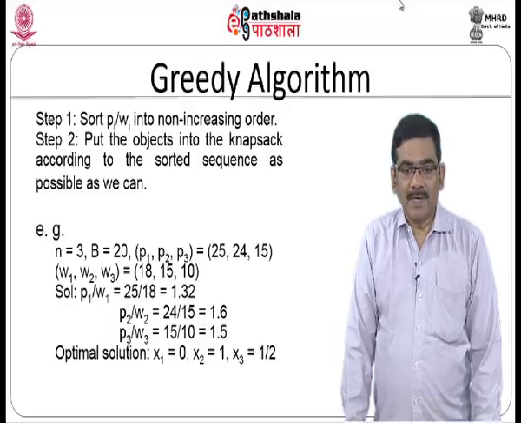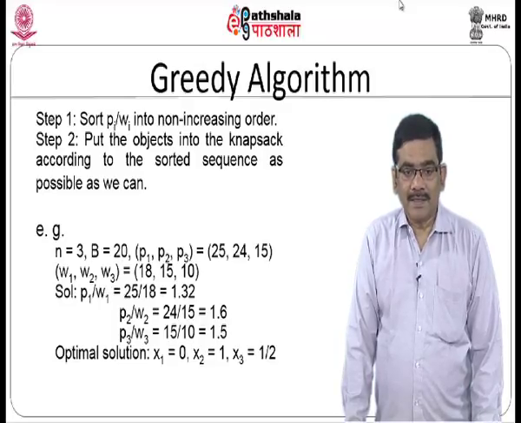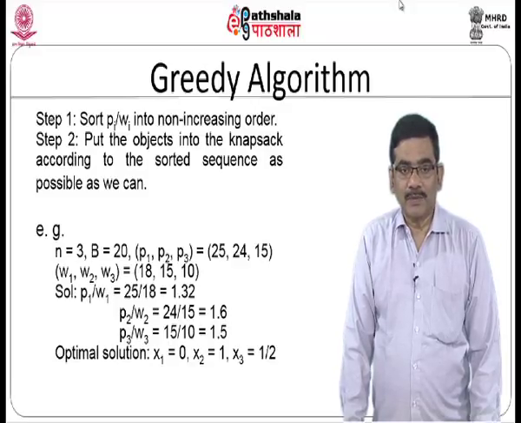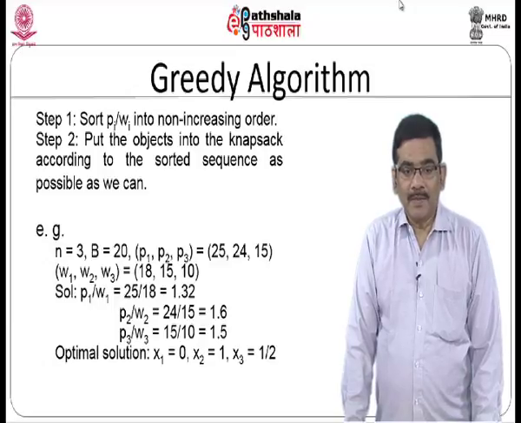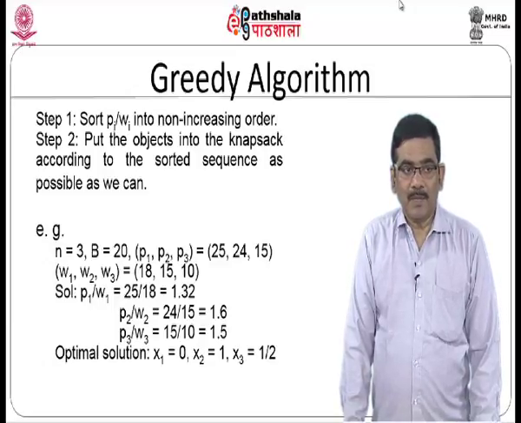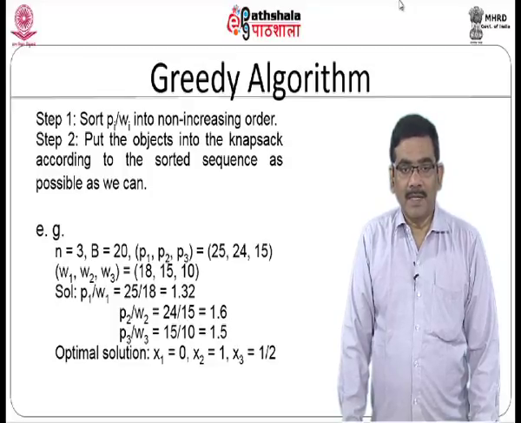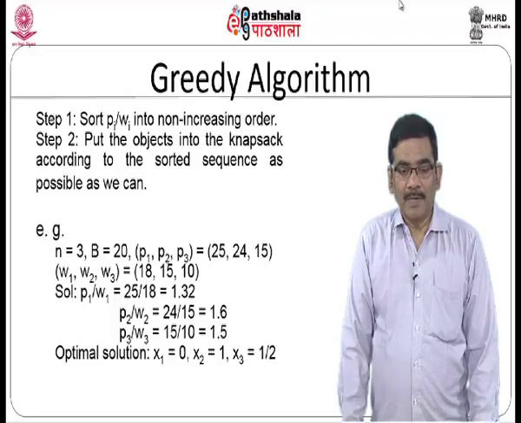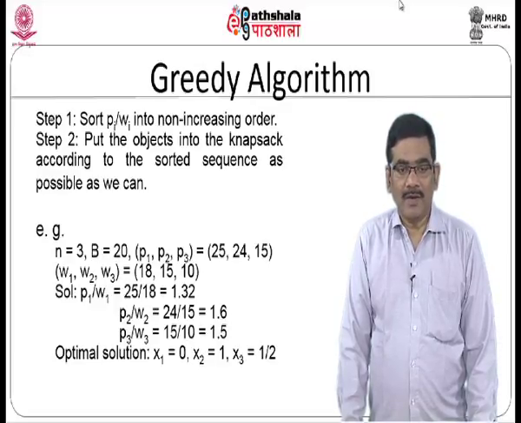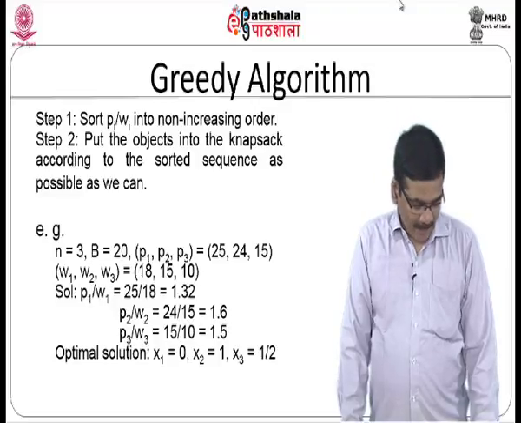Now, based on this sorted sequence, I am trying to load the knapsack. You can see very well P2 to W2 is maximum, 1.6, therefore, I load the knapsack with item 2, and the remaining capacity is loaded with item 3 because the ratio of P3 to W3 is next highest. This is what the greedy algorithm is all about for the fractional knapsack problem.